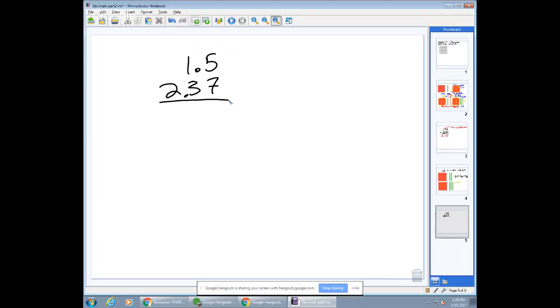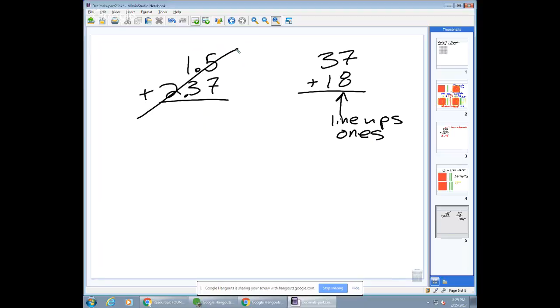So we could make a note, say, no, think back to this problem right here. When we added whole numbers, we really lined up the ones, right? So we can change their perspective by connecting it to something that they're familiar with. So then we can say, oh yeah, that's not going to work here. If I line up the ones, that coincidentally lines up the decimal point.